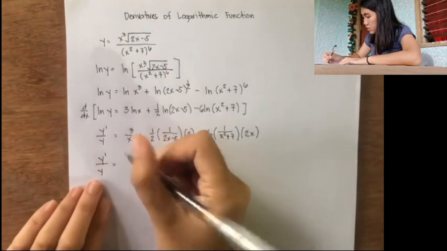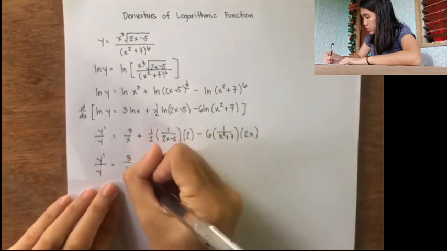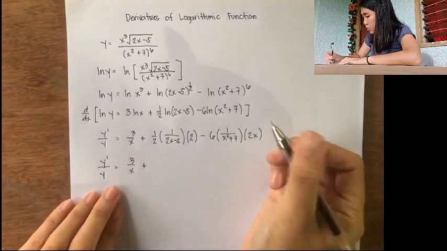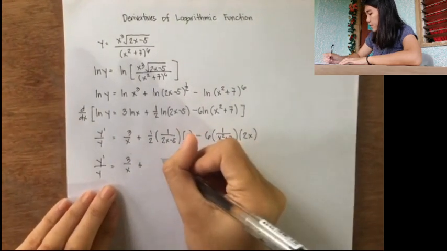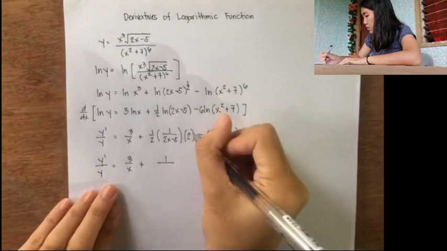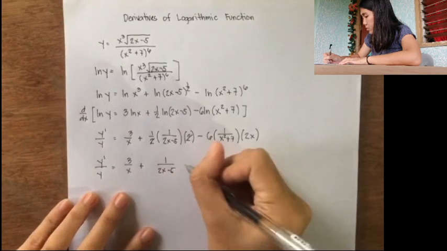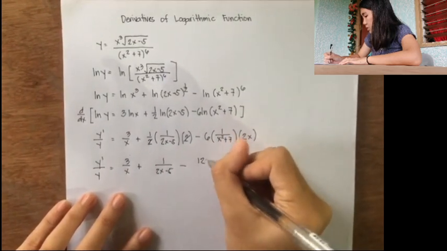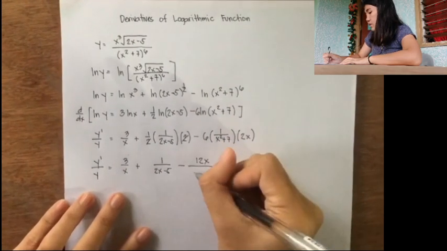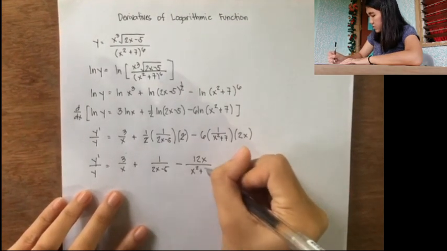Simplify it. Y prime over y is equal to 3 over x plus 1 over 2x minus 5 minus 12x over x squared plus 7.